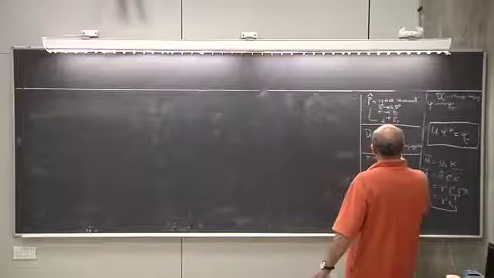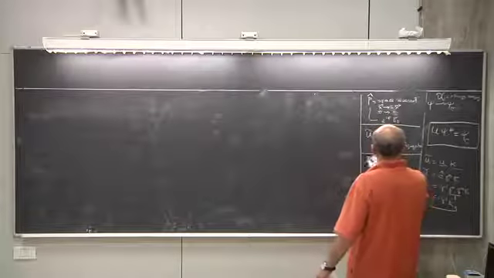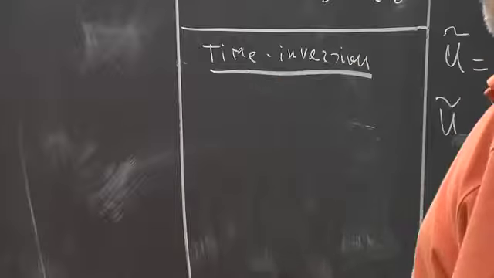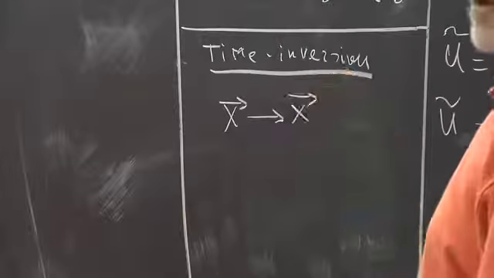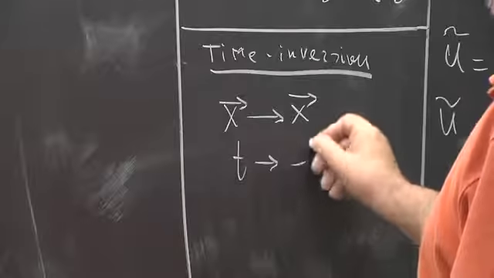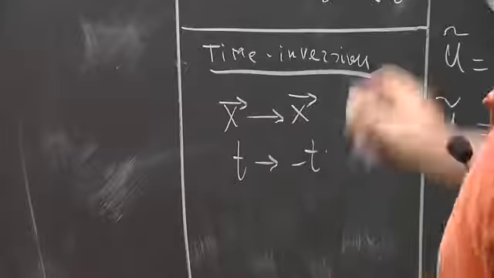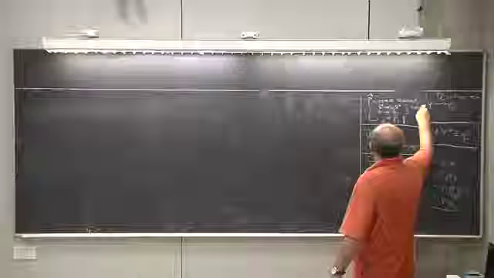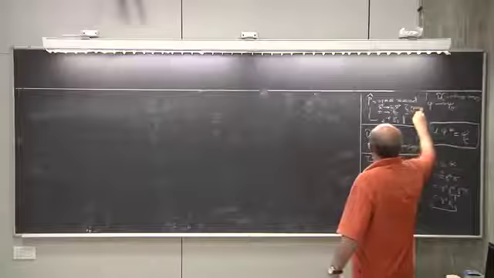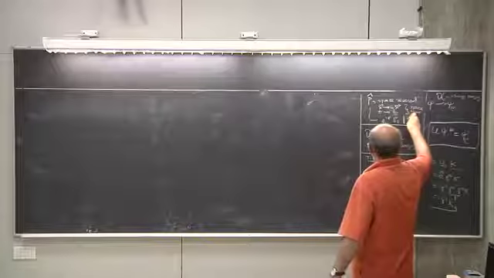You see, in all these cases, we knew what they were doing on space-time. So time inversion leaves the x the same, but it changes the sign of t. This is how it acts on space-time, and this is how it acts on the wave function.